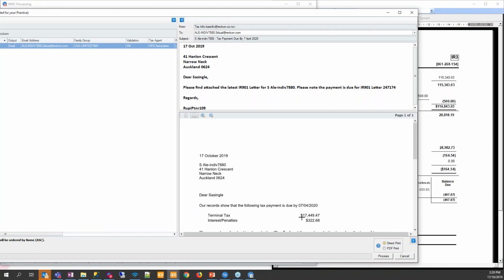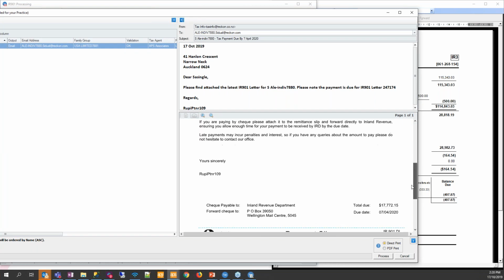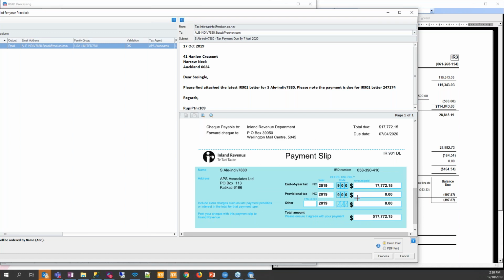In this case, it does have interest and penalties, so it is its own line, but we don't have the provisional instalment row appearing above it. And then down in the detail, we don't have the split between provisional instalment, provisional tax, and end of year tax. So what's often happening because of those variances, and I guess as well, when people have underpaid or overpaid, regardless, that you are ending up with potentially a credit value showing in here.